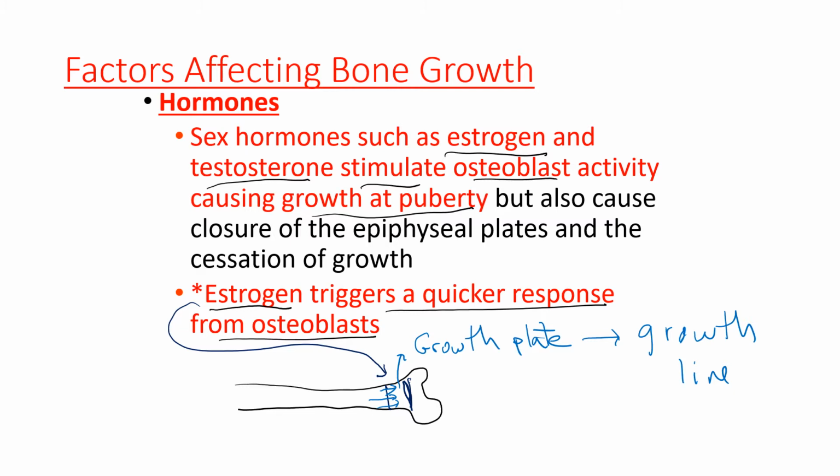Testosterone has a lessened stimulation of osteoblasts, which means the growth plate would take longer to close, and that's why boys tend to grow for a longer period of time than girls.